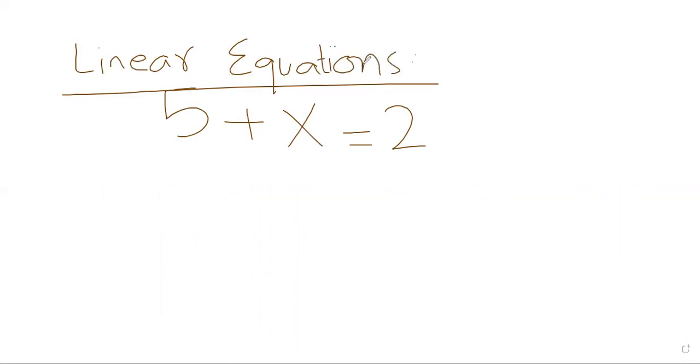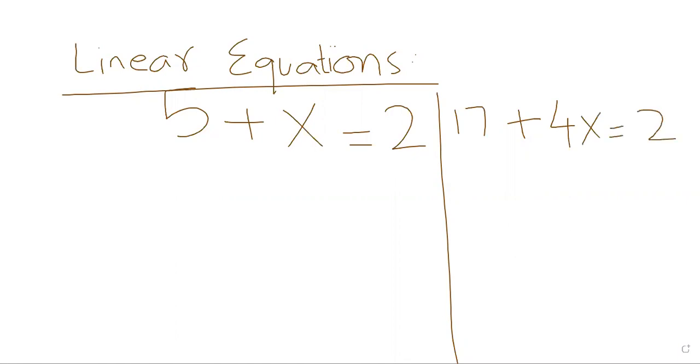In this lesson, we are going to solve a few linear equations. This is a linear equation, 17 plus 4x equals 2. So all these equations are linear. Why? Because the power of the variable is only 1. That's the reason for being linear.